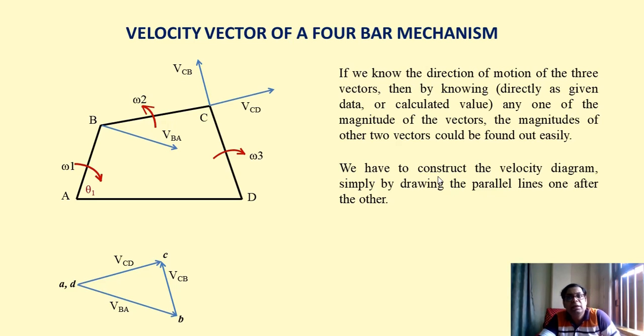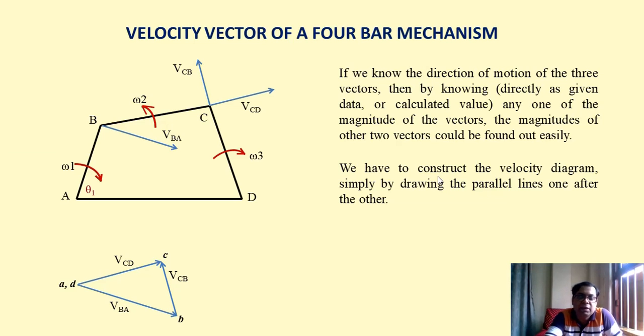So what is the scaling factor over here? 10 meter per second is shown as 10 centimeter over here. That means 1 meter per second is shown as 1 centimeter over here. So the scaling factor is 1:100. 1:100 scale we are using.